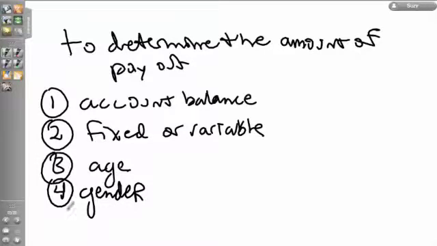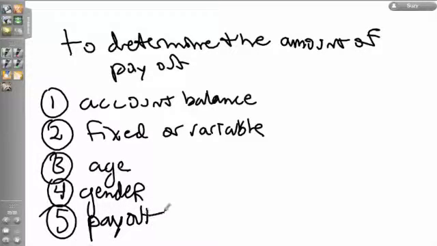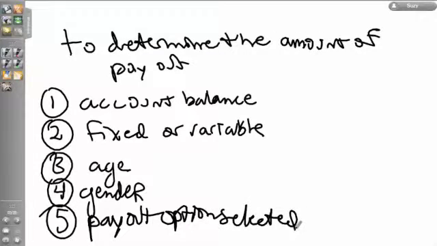Women live longer than men, thus we get less monthly. What payout option did they select? So these are the things that go into that formula, if you will, to determine how many annuity units will be redeemed monthly.